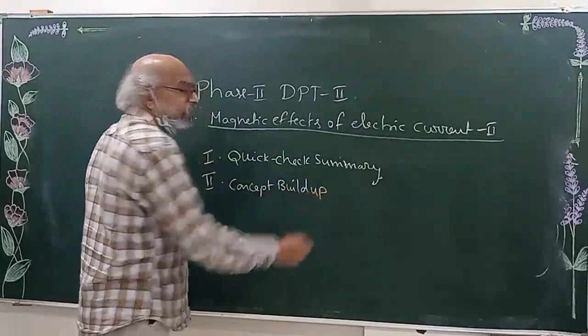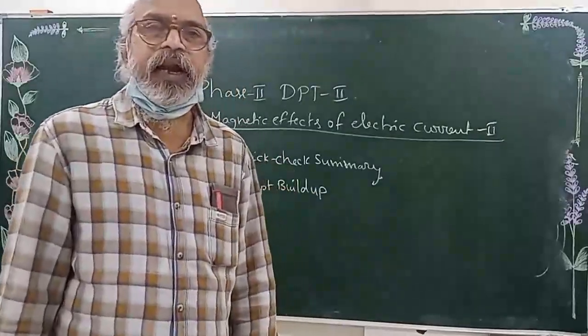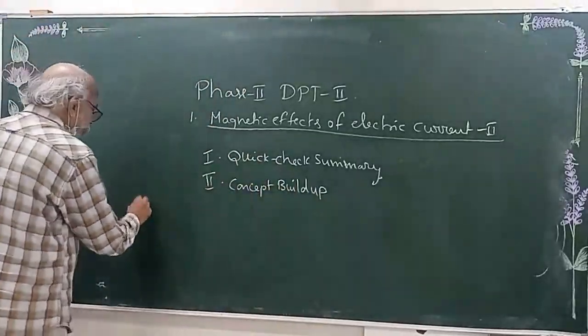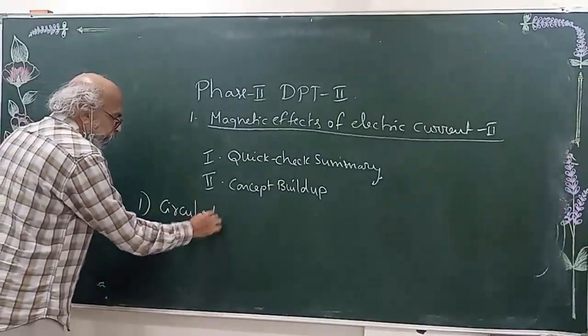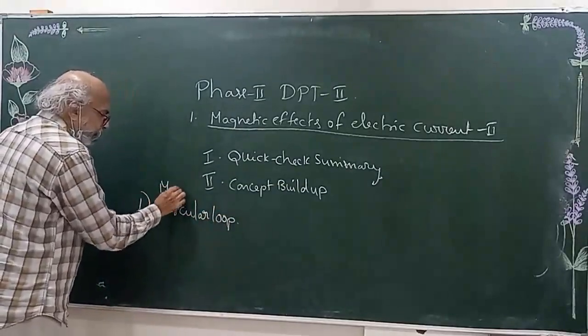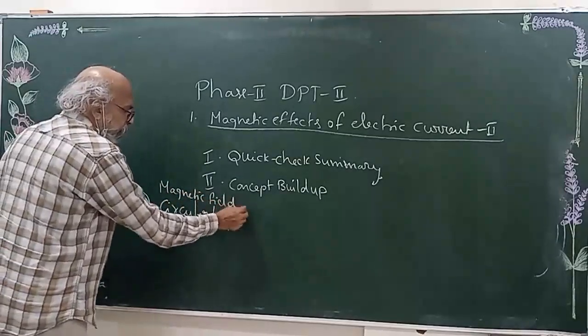Here we are asked to cover this in this particular magnetic effects of electric current 2 part. We have to cover number 1, circular loop or coil, magnetic field due to circular loop.